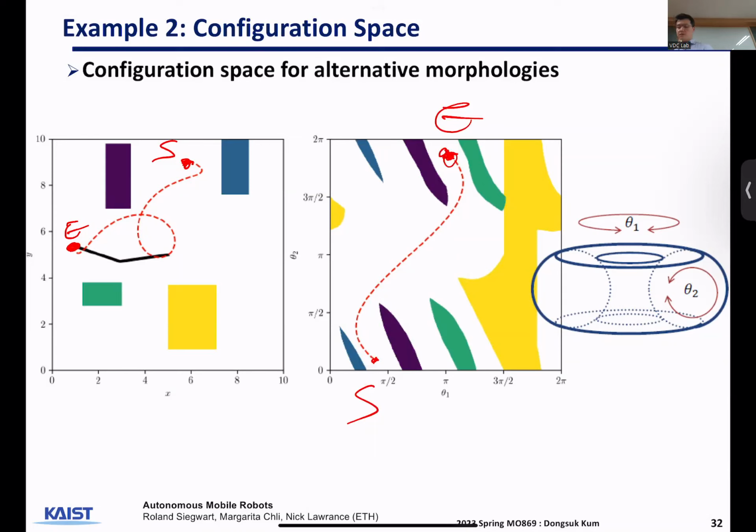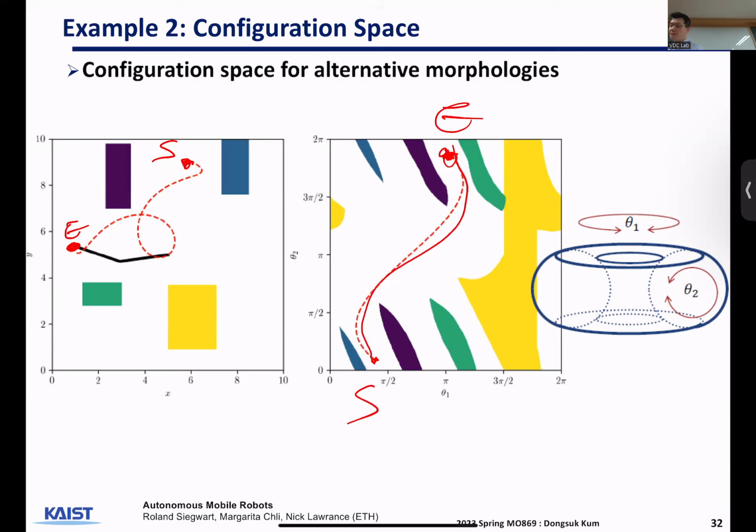So if you want to start here and go there, all you have to do is plan your path this way, without colliding with the obstacles. This is so much more intuitive, so much easier to design a controller or planner, right?